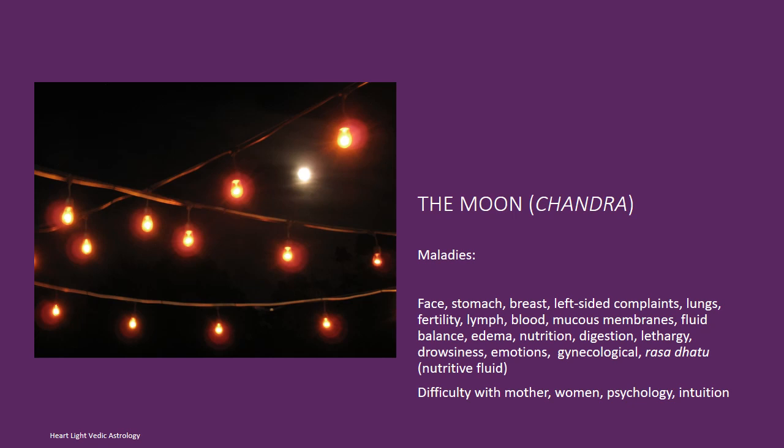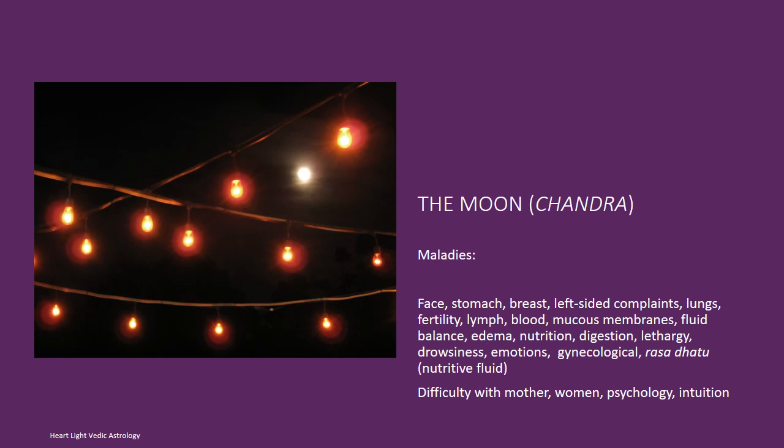So if we're going to look at the moon and what it symbolizes regarding medical conditions in the body, we would look at the face. The moon represents the face, the stomach, digestion in general, because digestion requires a lot of fluid, and a lot of these things are fluid based.